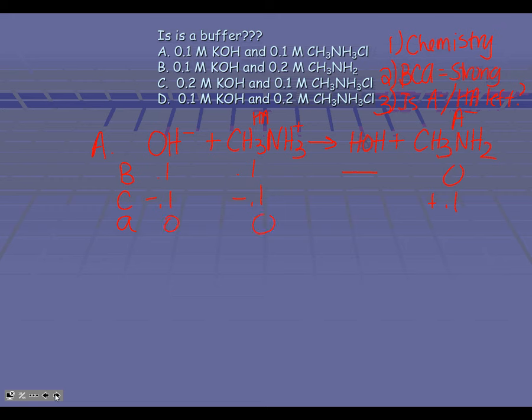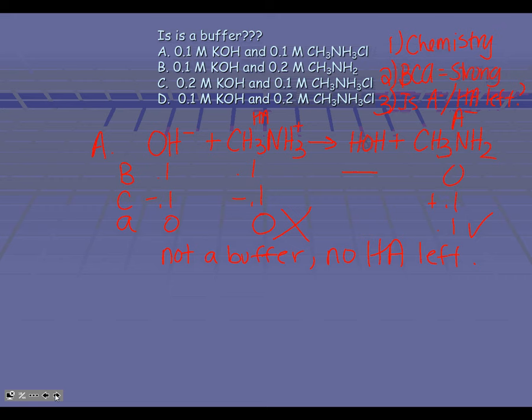This gives 0, 0, and 0.1. What we want to ask ourselves is, do we have HA? Well, I have A minus, but I don't have any HA. So that automatically means this is not a buffer, because we have no HA left after the chemistry and the stoichiometry occurs.